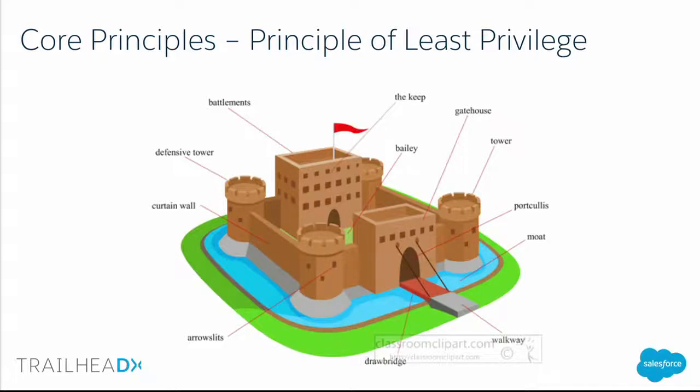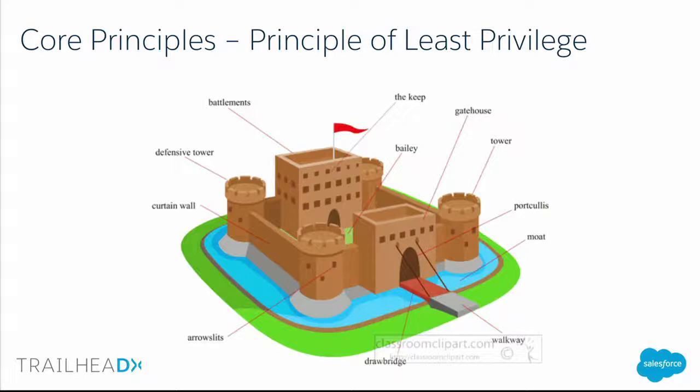You have the guards in the guard towers, you have a gardener maintaining the garden. The gardener needs access to the courtyard, the rose garden, the plants and the grass. And the gardener probably doesn't need access to the watchtower. The watchtower just has cold steel and stone and no plants of any sort in there.